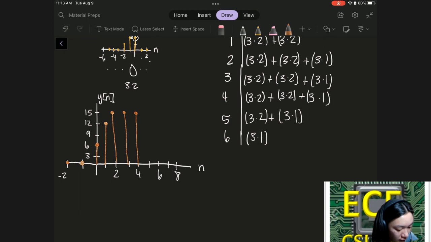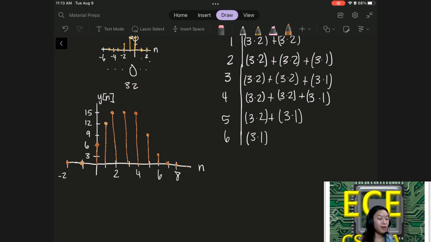N equals 5 is 9. N equals 6 is 3. It's a shorty. And then the rest is 0.